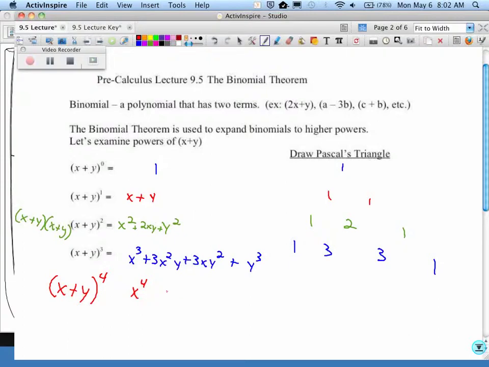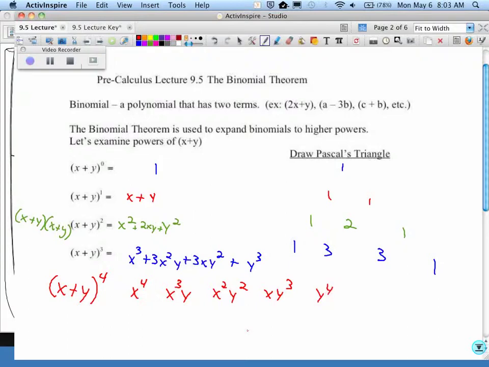Just give me the x's and y's. If this is x to the 4th, the next term is what? X cubed. The x goes down 1, and then we begin to add the y, right? So what's next? X squared y squared. What's next? Xy cubed, and then y to the 4th.